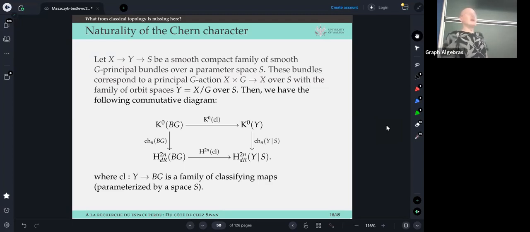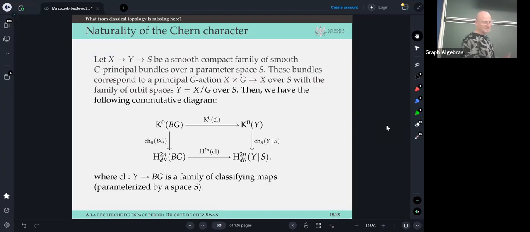And you could even put this Chern character into a family parameterized by some space S. Okay, and then such a diagram, which is commutative, reflects the fact that this construction is natural in the sense of category theory. So these are natural transformations of two functors, and these natural transformations are also related by induced maps. So this is natural.